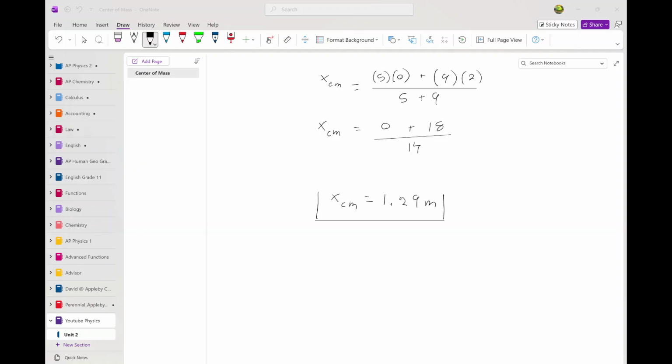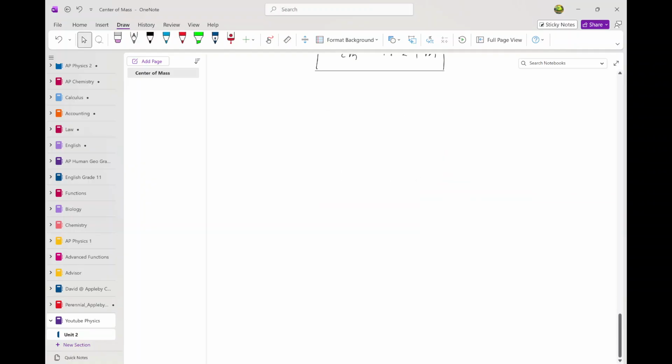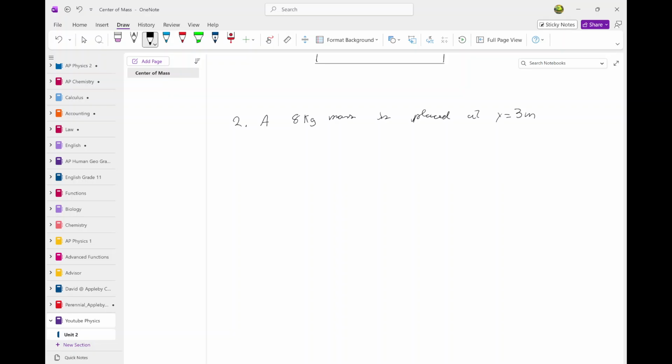Now let's deal with another one here. This one kind of takes it a bit further. How long are we going at? 20 minutes, perfect. So let's say an 8 kilogram mass is placed at y equals 3 meters. Here we just deal with the y, which just means vertical position instead of horizontal. Nothing to worry about.